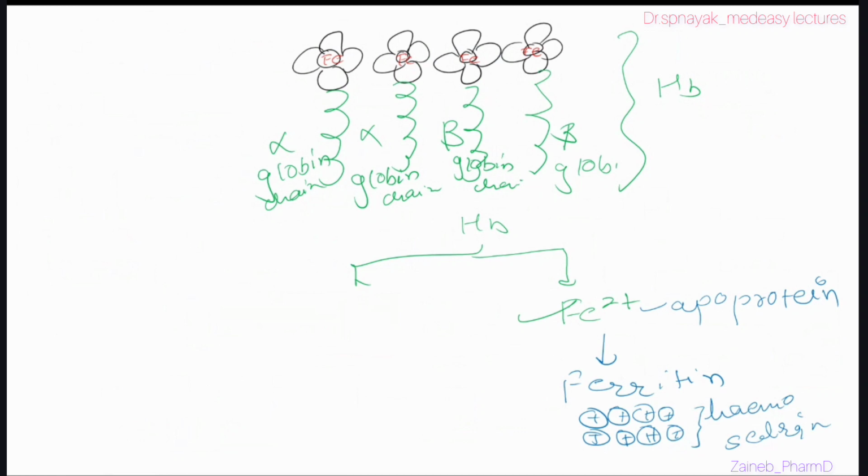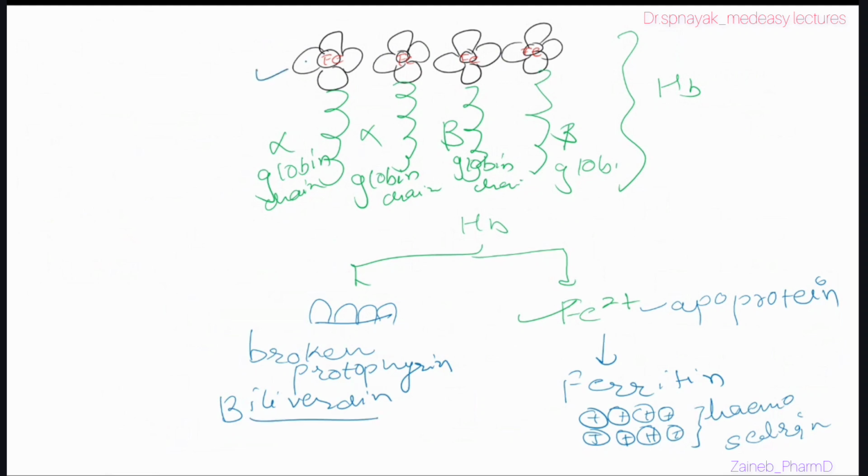And the left part is the broken protoporphyrin, which is called biliverdin. If it's in cyclic form, then it is called protoporphyrin. But when it is in broken form, the hemoglobin will be broken down into biliverdin and iron.